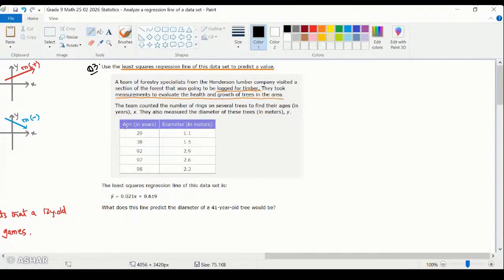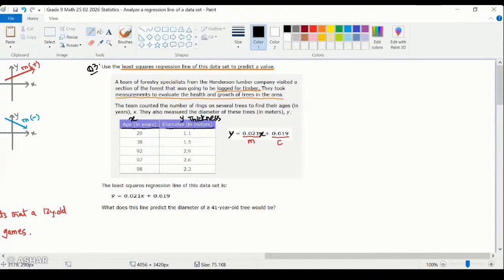So the X represents the age of the tree and Y represents the diameter, the thickness. So the equation for the least square regression is given to us, where the slope is given as this and the intercept is given as this with the values of y and x over here.